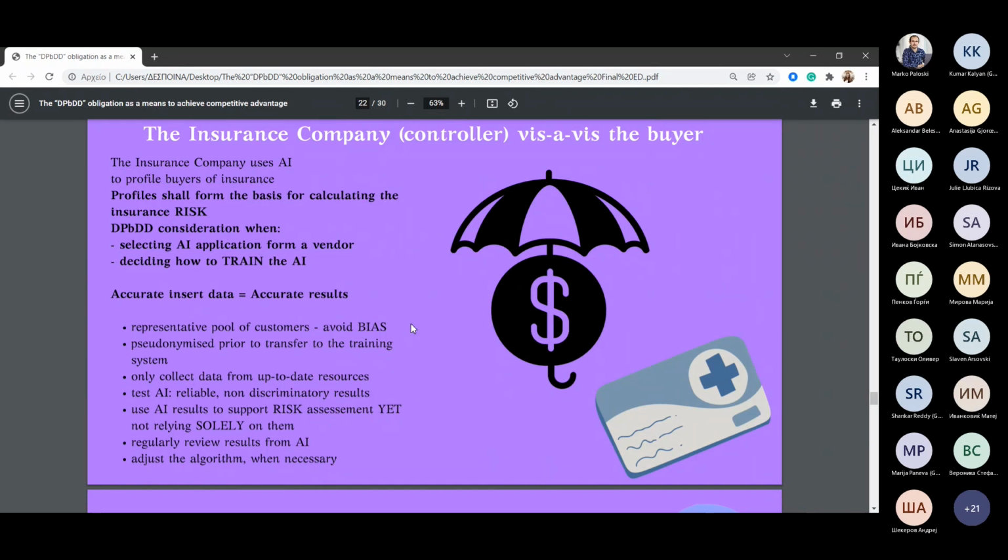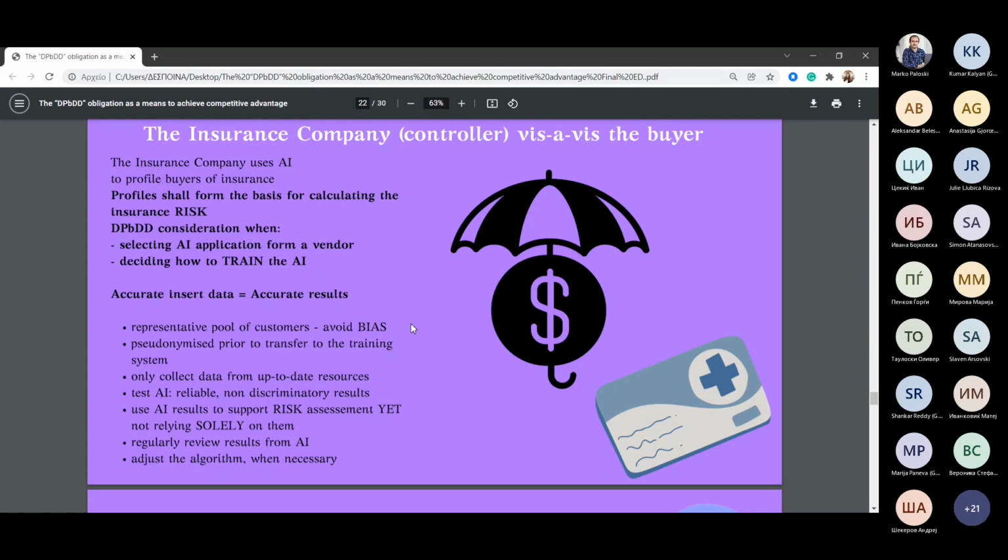Profiles shall form the basis for calculating the insurance risk. The data protection by design and by default consideration applies when selecting the AI application from a vendor and when deciding how to train the AI.